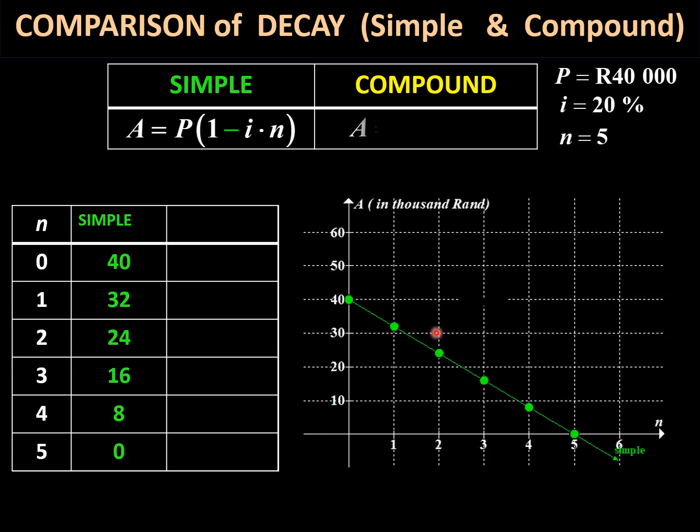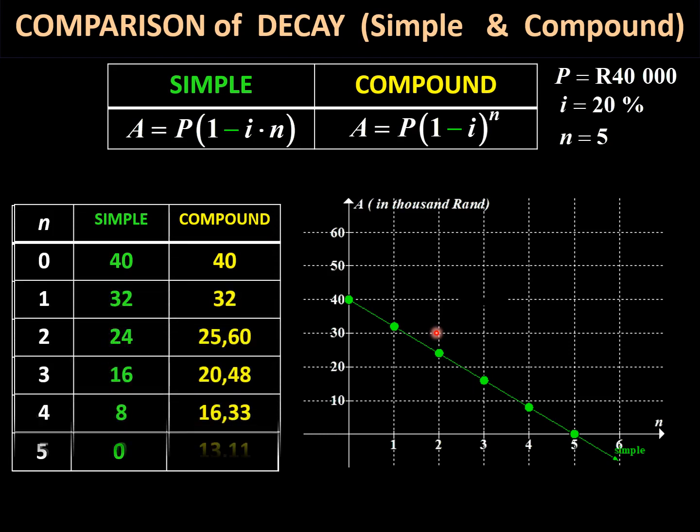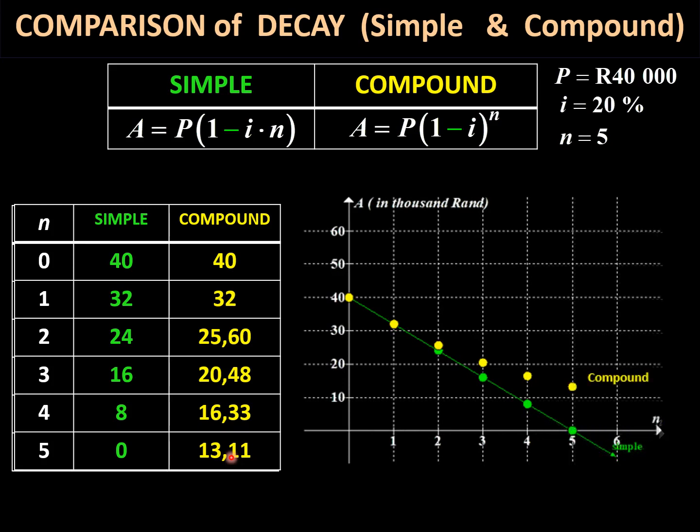Now let's look at the compound decay. There's the formula for compound, 1 minus i to the n, and we start off with 40,000, and then after the first year it's the same, and then it just decreases gradually. This one ends up with a 0, but this one here will not end up with a 0. If you look at it graphically, you can see it's not linear.